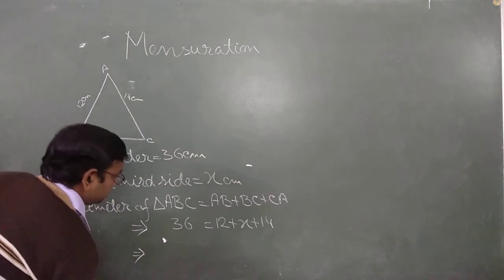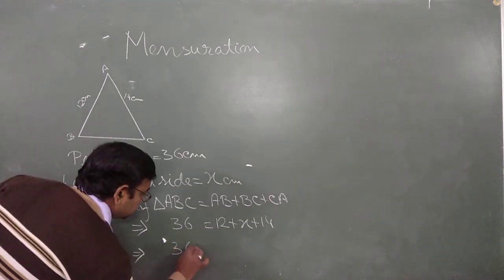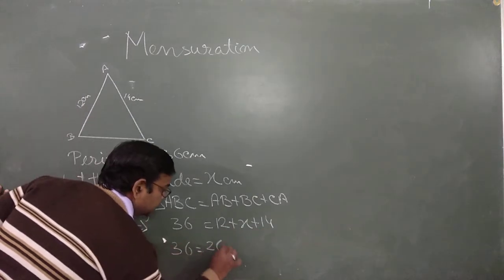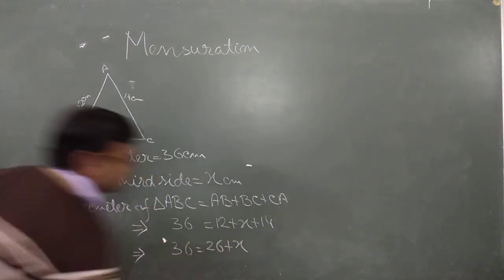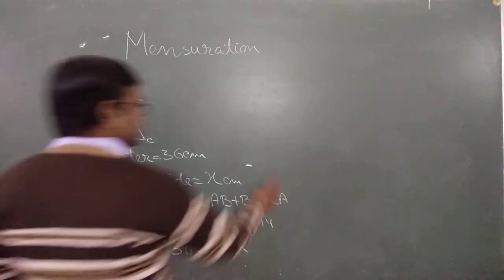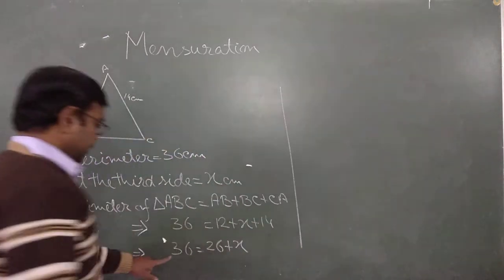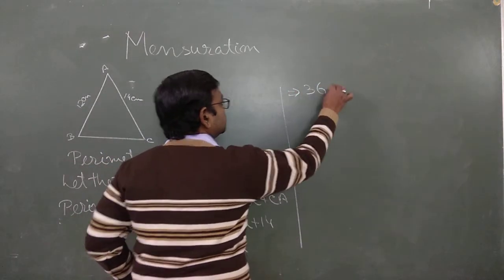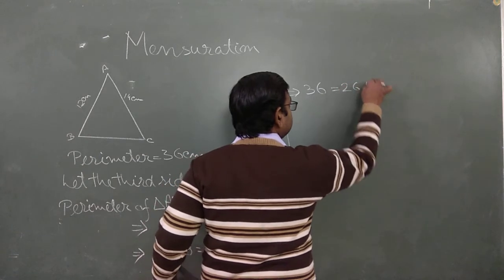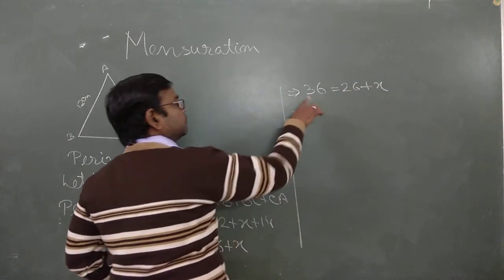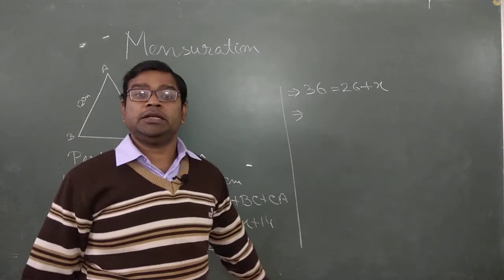Then 36 equals 12 plus 14, it is 26 plus x. Clear? Hope you are clear. Now come to this side. We continue from this. 36 equals 26 plus x. Now shift this to this side, because we just discussed the linear equation.